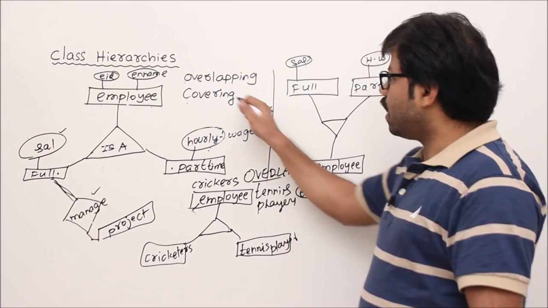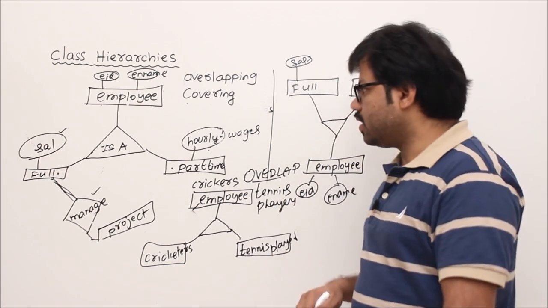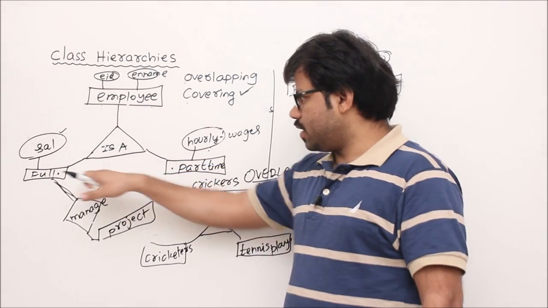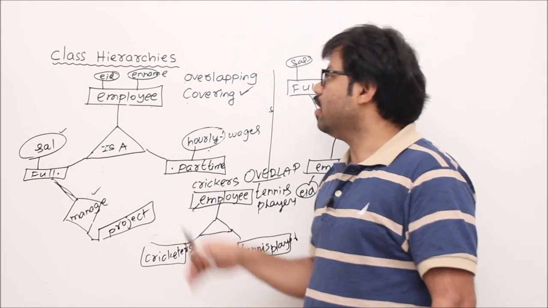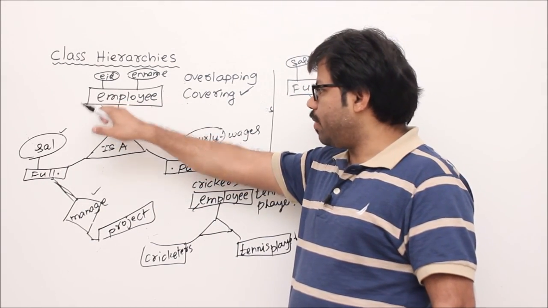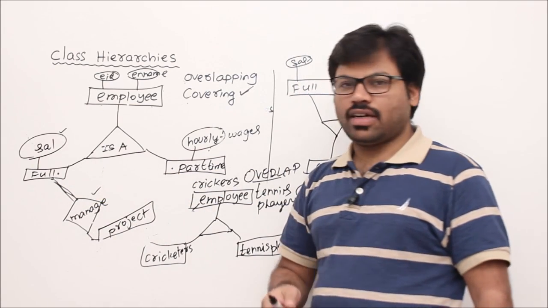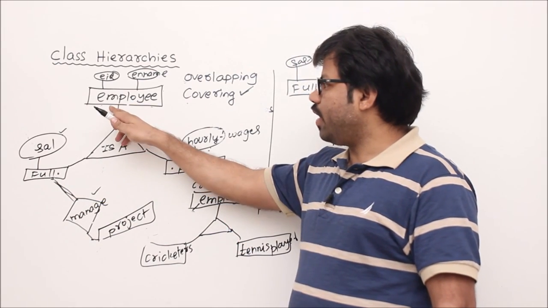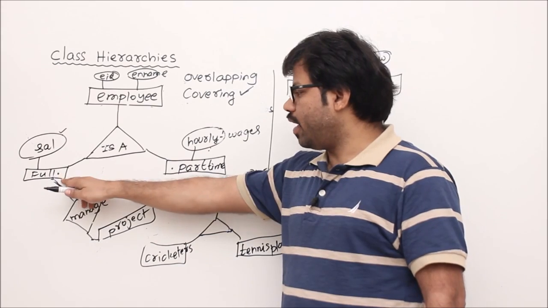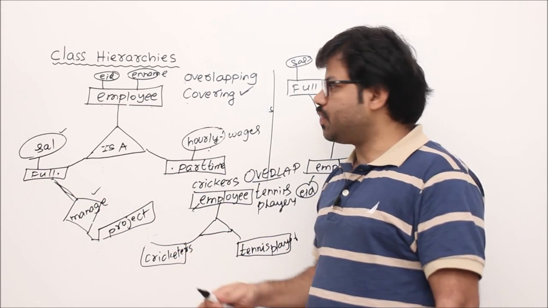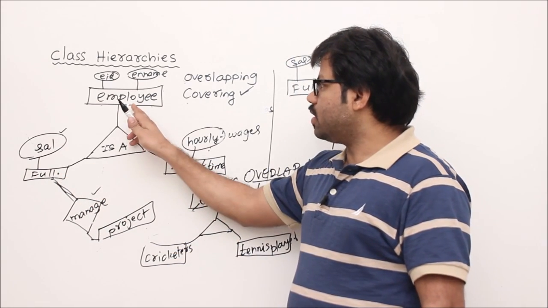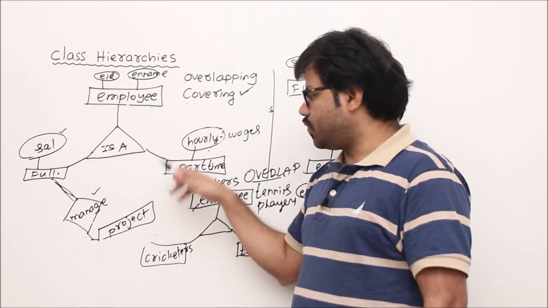Now we'll see the covering property. Whenever you have a classification, there is a superclass and subclasses, right? The question is whether the superclass is covered by all the subclasses or not. Here, every employee belongs to either full-time or part-time, yes or no? Yes, that's why we say that employees are covered by this classification.